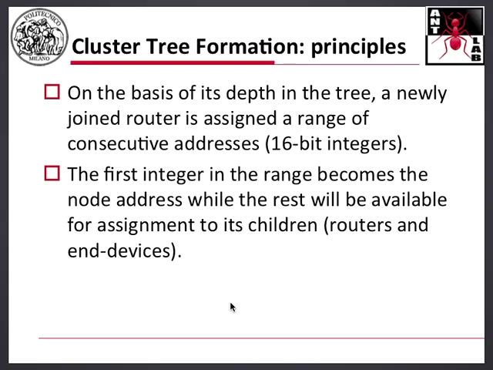So the ZigBee coordinator tells this guy, you can use address 1, and for addressing all the nodes underneath you, you can use 2 and 3. And the same for this guy here. So the ZigBee coordinator assigns blocks of addresses to nodes such that these blocks of addresses can be assigned iteratively to nodes in the lower parts of the tree. That's the idea. Now we'll see the details. Is it clear?